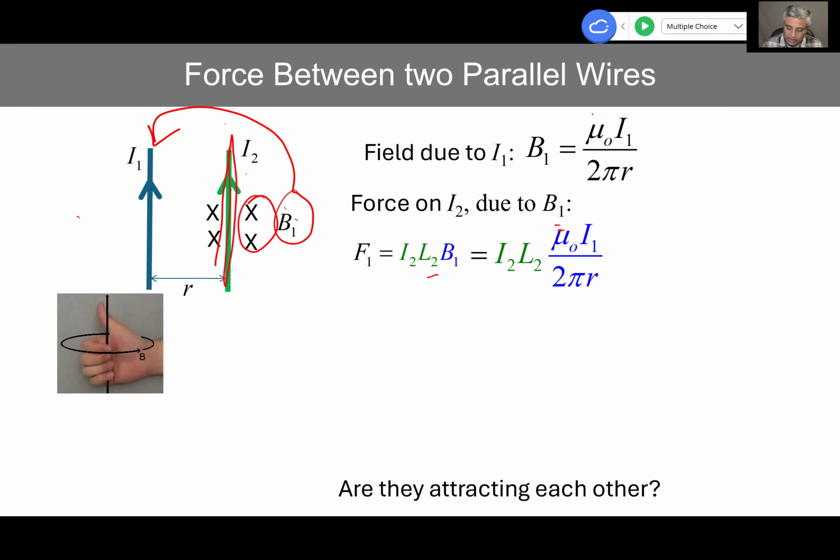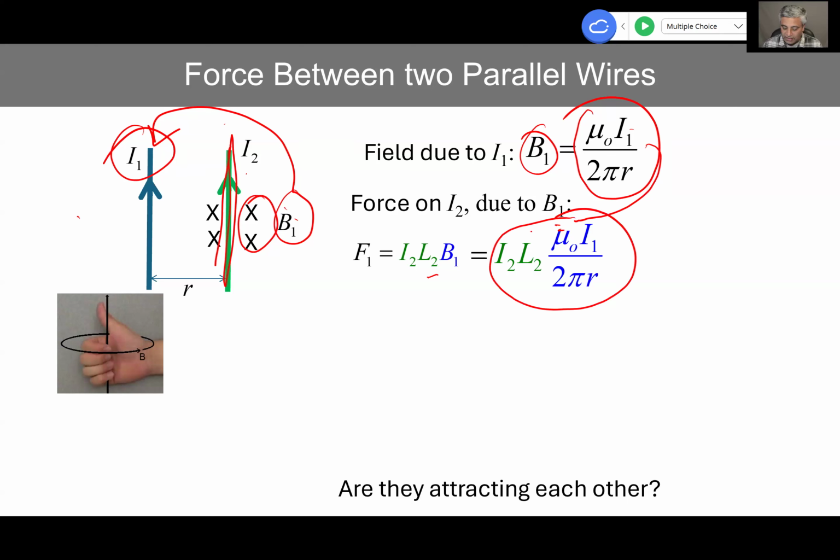Then we can write the field in terms of the current in that wire. That means we can write something like this, okay? So it has current from both of these wires now, but the length is just that of the second wire, okay?